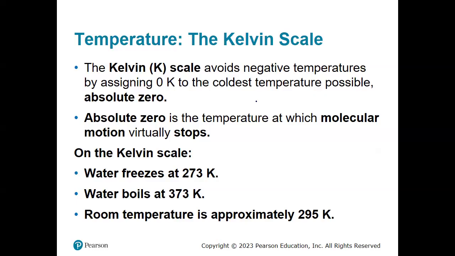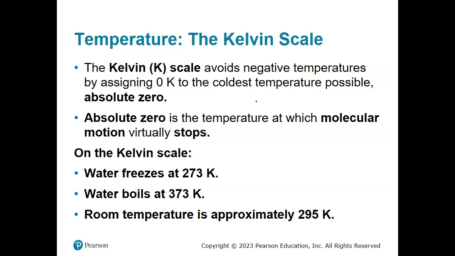sets one defined value, and that defined value is 0. On the Kelvin scale, 0 degrees means that we have no energy. If we have no energy, that means that the molecules themselves can't be moving either. And that's the definition of absolute zero. At absolute 0, molecular motion stops.